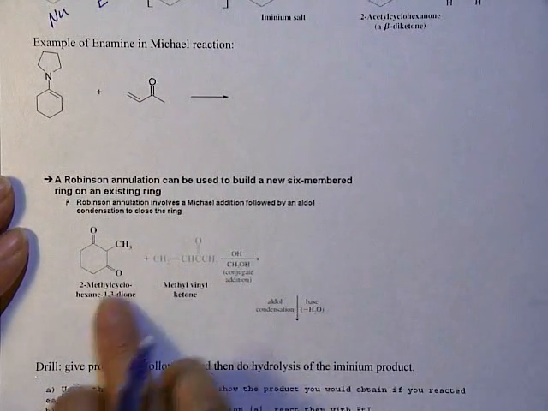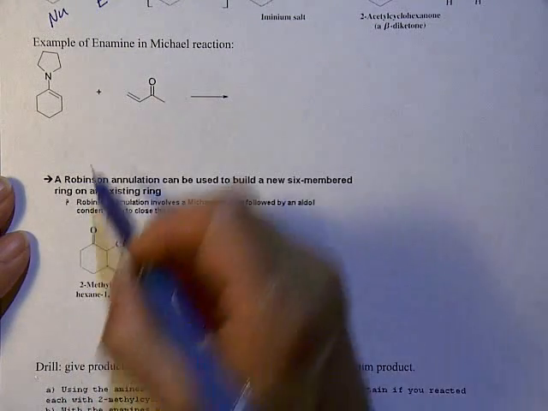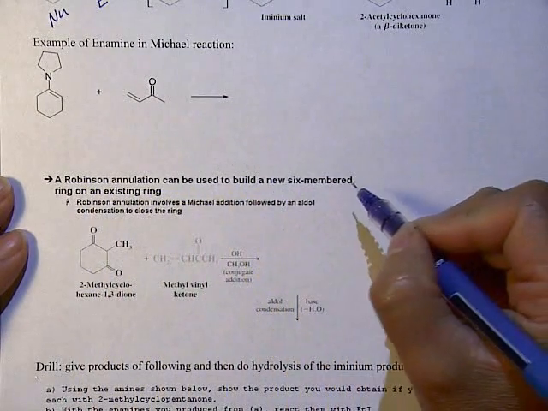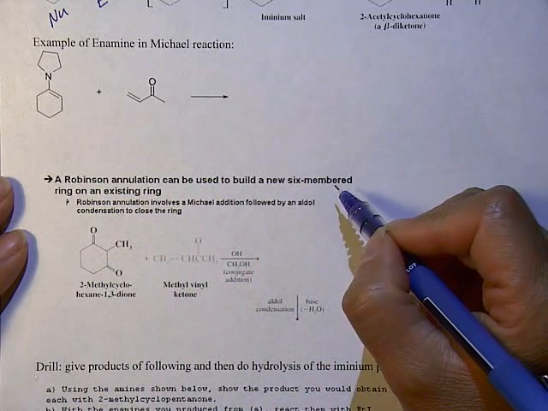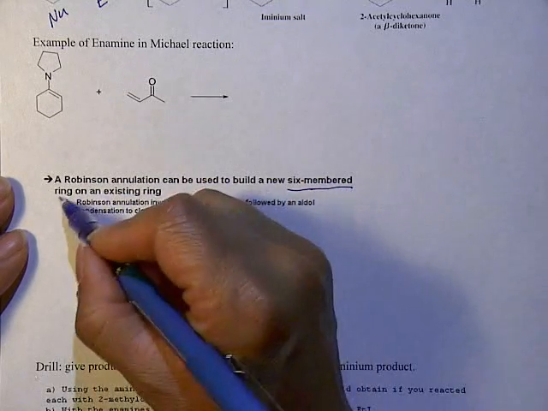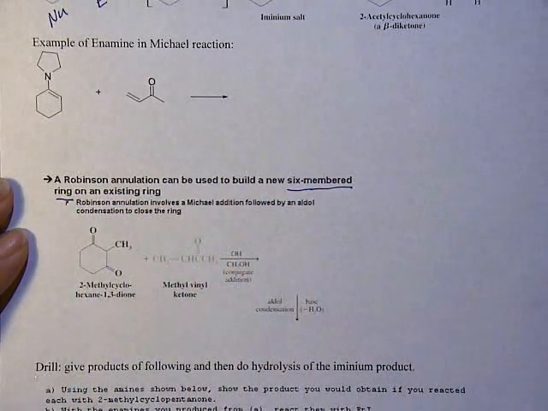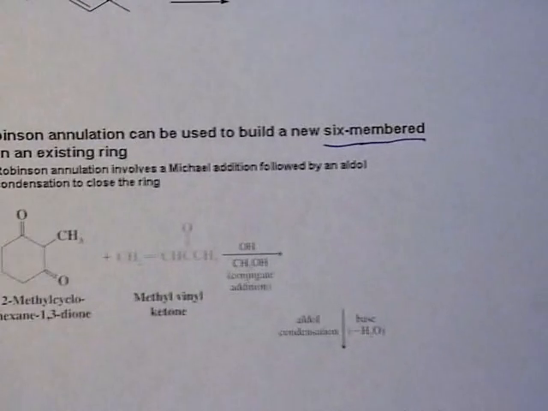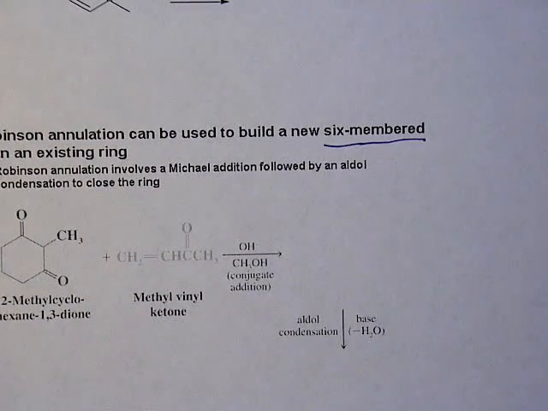Okay, and this reaction is actually used in something called the Robinson annulation reaction, which is how chemists make a 6-member ring very easily. And all this is a sequence in a one-pot reaction. So it makes it really easy because you do everything in one pot.